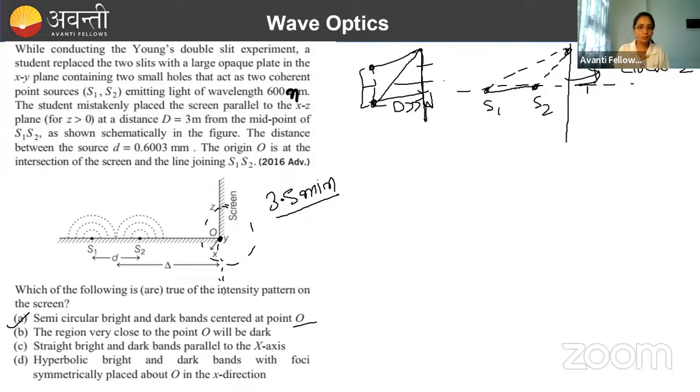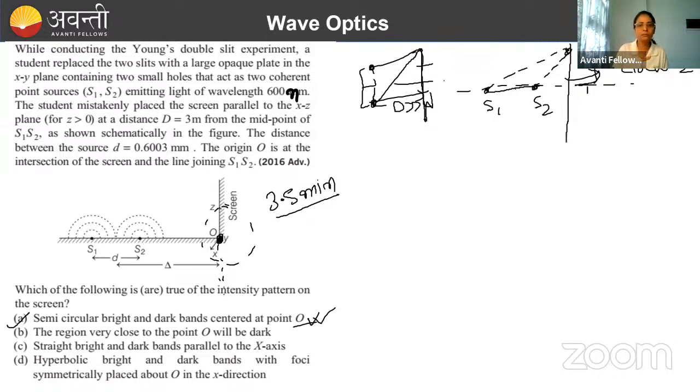Again, this is something you need to have in your memory. If you go on writing the equations, it will be out of the domain. So we just need to remember it. Now it's asking whether the region very close to point O will be dark or bright. So let's see at point O whether we obtain a dark band or a bright band.